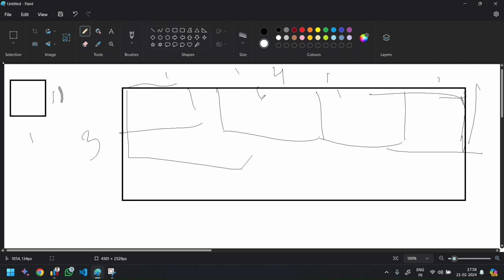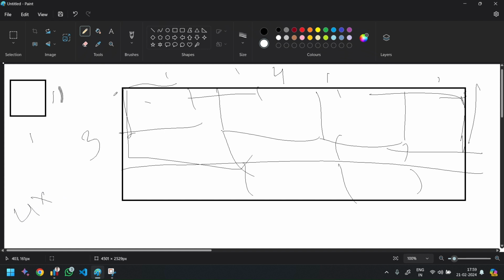So we need 4 to fill it horizontally. Vertically, we need 3 rows. Each row takes 4 squares, so 4 into 3 strips. The total number of squares is 12. So we need 12 to fill this whole rectangle.